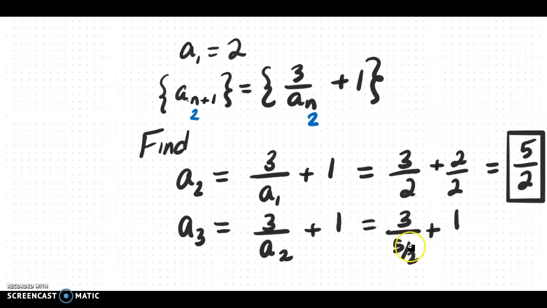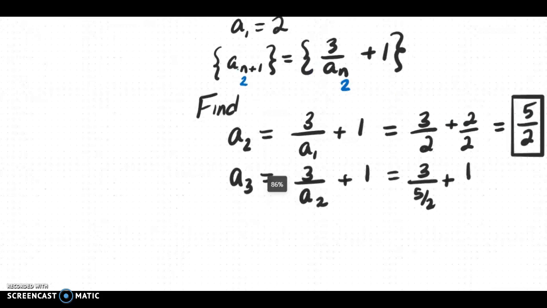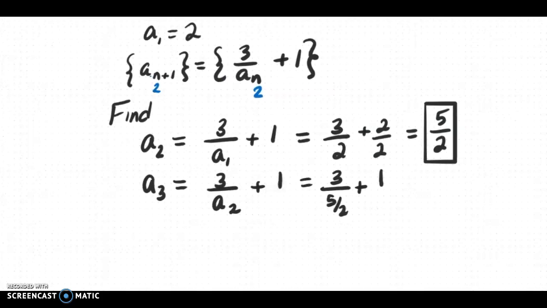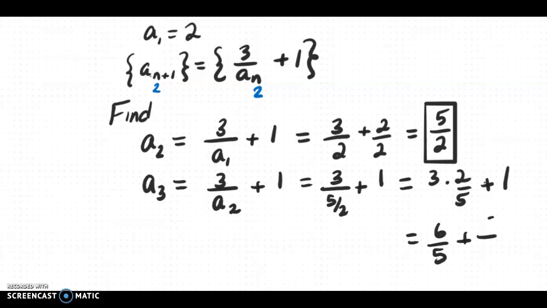When we take 3 and divide it by 5 halves, that is the same as 3 times 2 over 5. And then add 1, or we would get 6 over 5 plus 1, but rewriting 1 with a common denominator of 5, we end up with 11 over 5. So this is my third term.